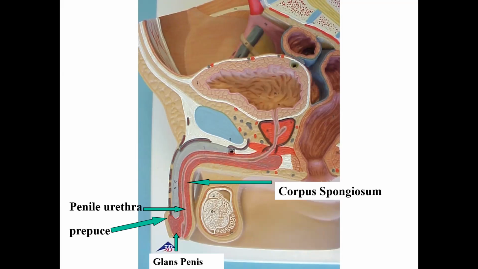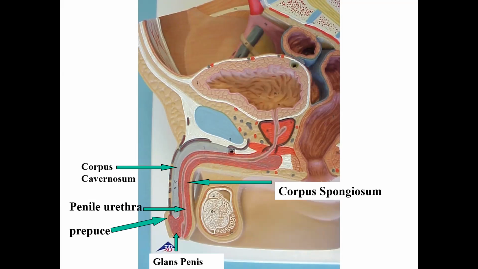Now, the corpus spongiosum tends to surround the urethra. Its purpose is to become enlarged and help achieve the erection, but it's also designed to protect the urethra and keep the urethra from being pinched or closed. You'll notice that in that blue band right there, we have two paired areas of spongy tissue called the corpus cavernosa.